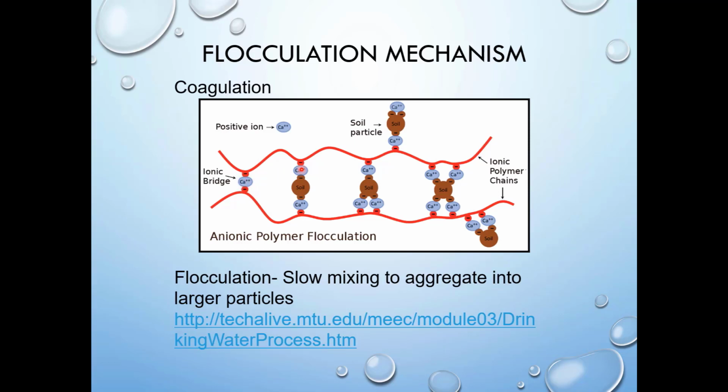And then the calcium, in turn, attracts soil particles, which tend to be negatively charged. So the polymer basically helps all of this co-attraction happen so that you can get any undesired metal ions and also a bunch of soil out of your water sample.